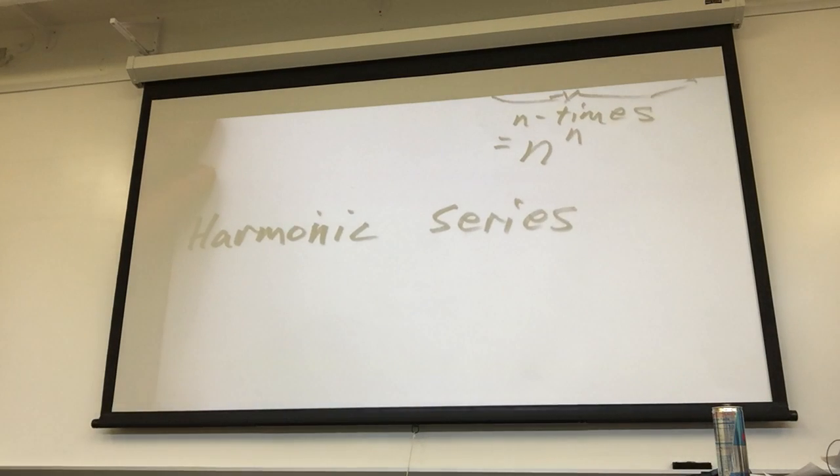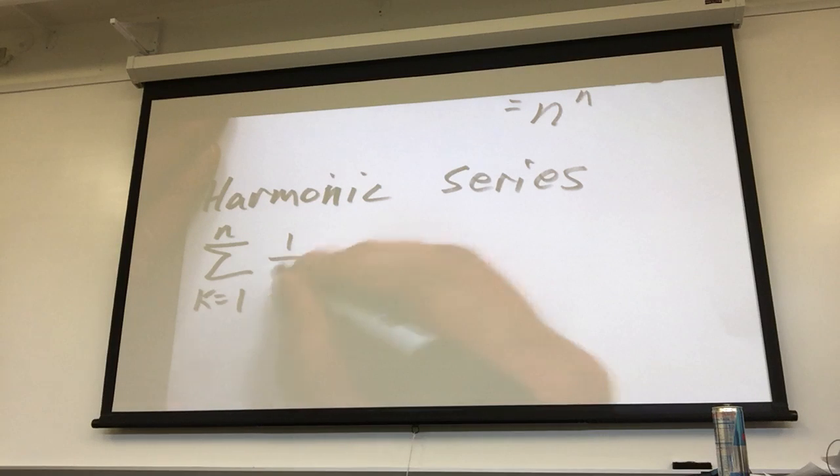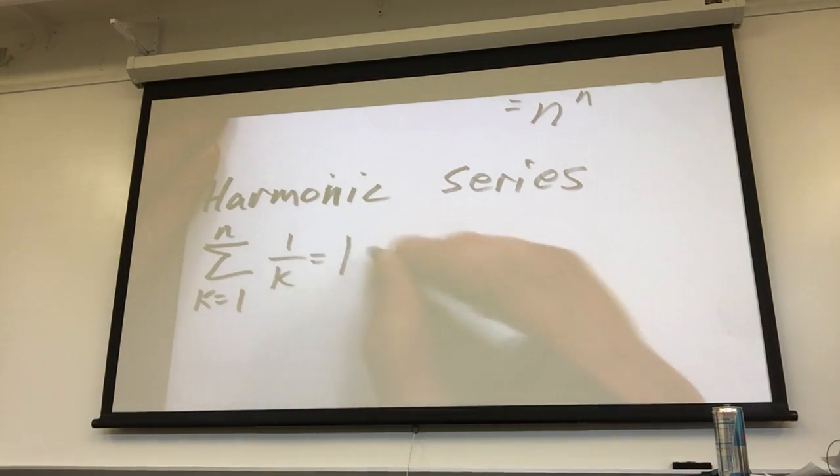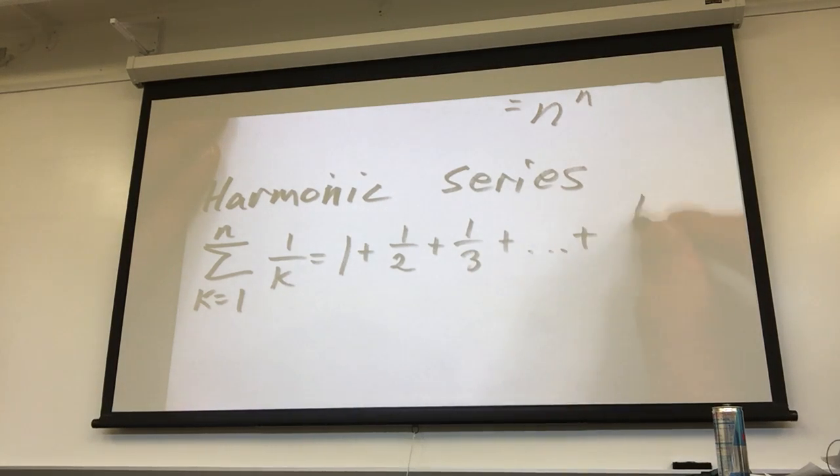Now the harmonic series will be the sum k equals 1 to n of 1 divided by k, which would equal 1 plus 1 divided by 2 plus 1 divided by 3 plus dot, dot, dot, all the way up to 1 divided by n.